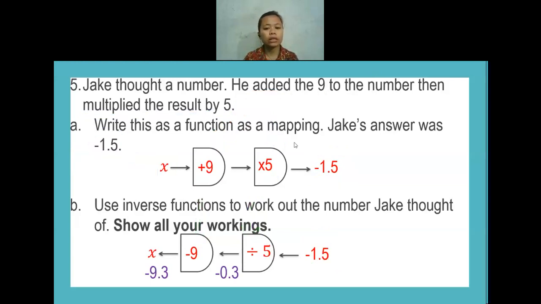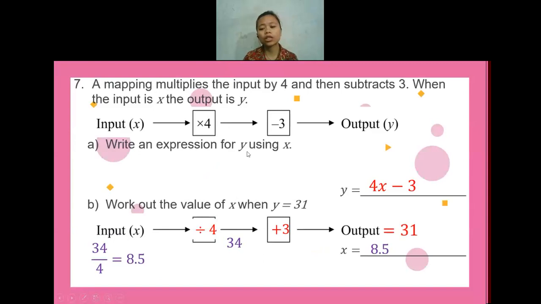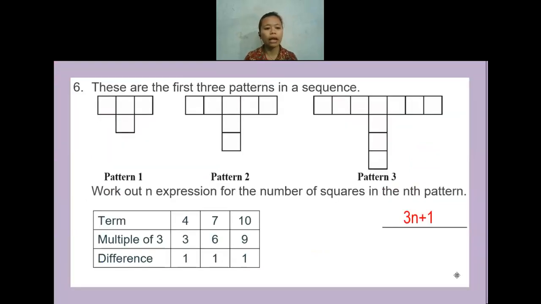For question 6, we already have a diagram here. There are 3 patterns. From the patterns, we have to find the nth term. To find it, it will be better if you make a table with the term, the multiple, and also the difference.